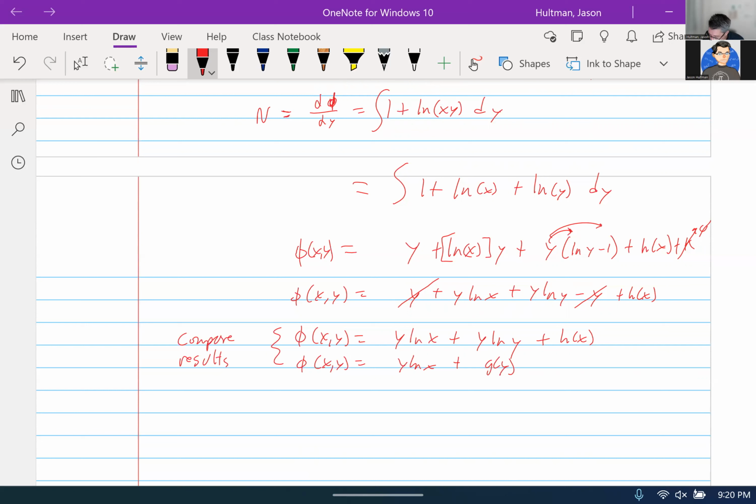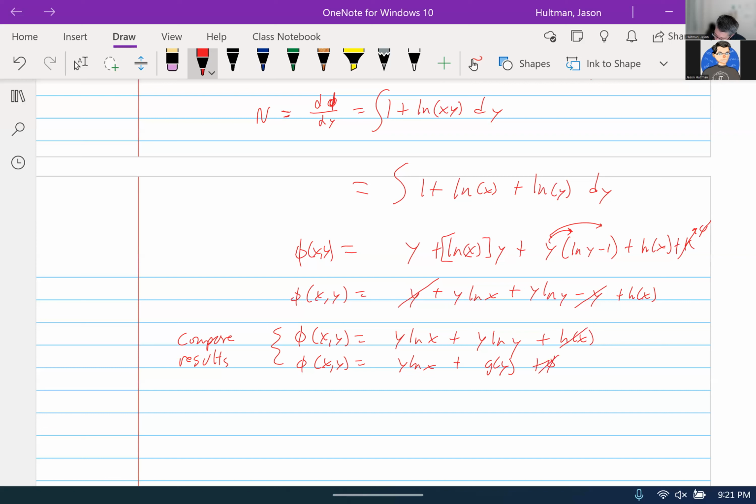So of course, that's going to go to 0 if I take the partial with respect to x. If I take the partial with respect to x, that thing goes to 0, the y natural log of y. So you get y natural log of x plus g of y, and there is no h of x; h of x is 0.